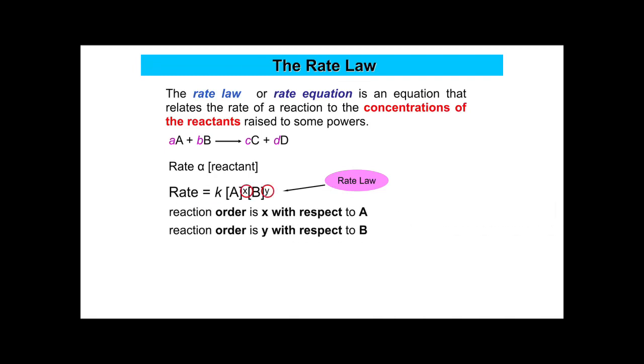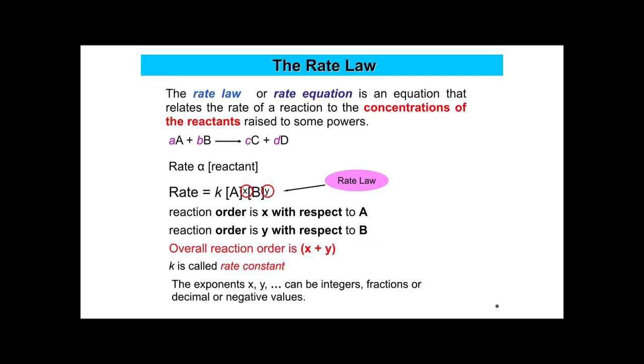If we want to write the rate law, we will write rate equal K concentration A to the power of X concentration B to the power of Y. If we talk about reaction order, based on the rate law, the reaction order is X with respect to A and reaction order is Y with respect to B. The overall reaction order is X plus Y, while the term K is called rate constant.